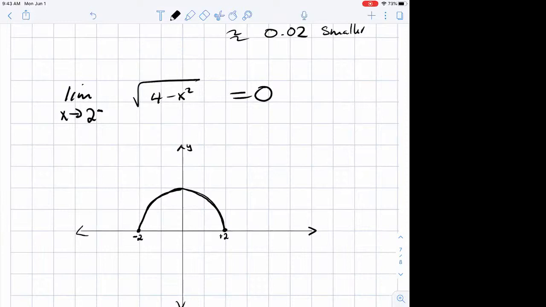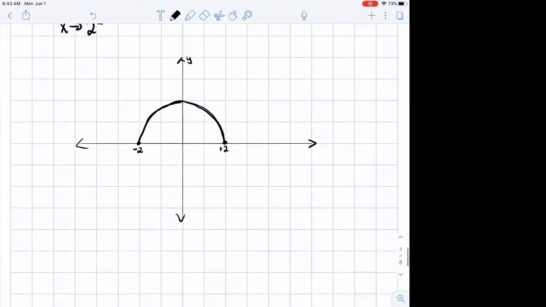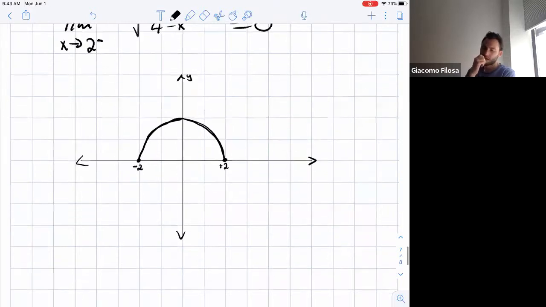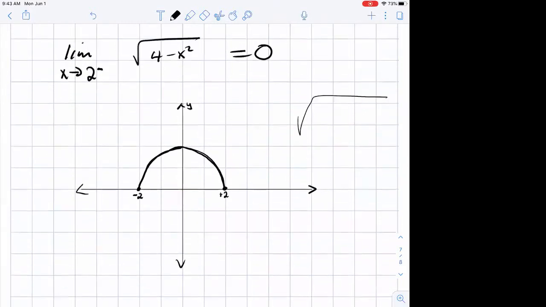For those of you who had me in pre-calculus, how can I look at an equation and know if it represents a semicircle? Anytime you have under a square root the difference of two perfect squares, it's always going to be a semicircle. So 16 minus x squared, this is a perfect square, this is a perfect square. This is a semicircle with radius 4.